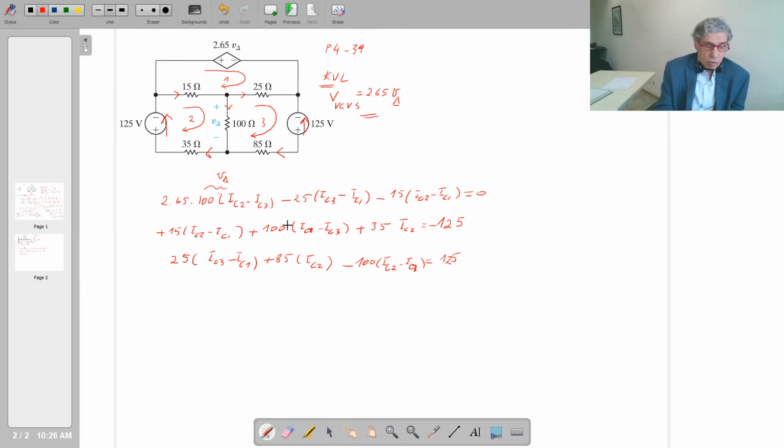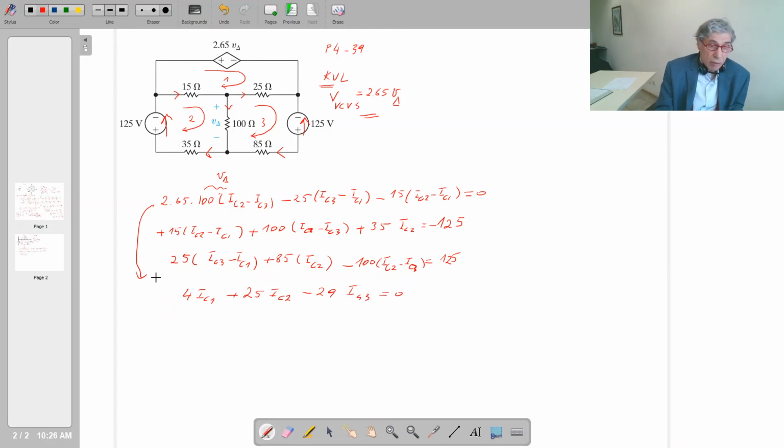So write all this when you open it. I have already done it, so I'm not going to repeat it here to save time. The first one is going to be 4IC1 plus 25IC2 minus 29IC3 is equal to 0.